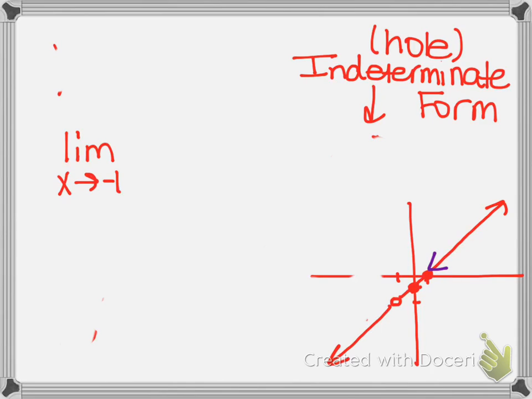So as you approach -1 from the right, and as you approach -1 from the left, you are approaching this y value, and that y value is -2. And it doesn't matter that you don't actually hit that point, that it's not a solid dot. So I hope that helps you understand.